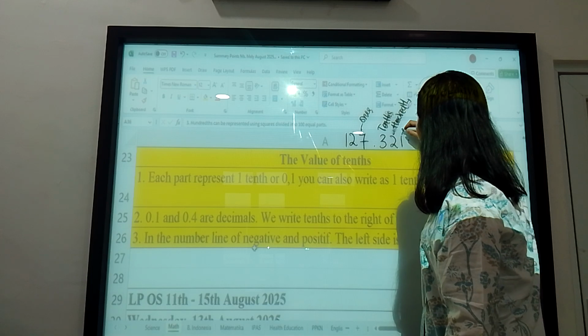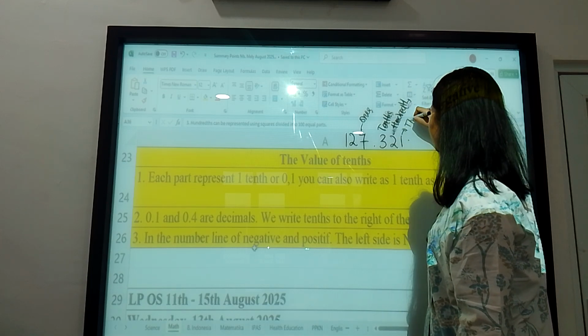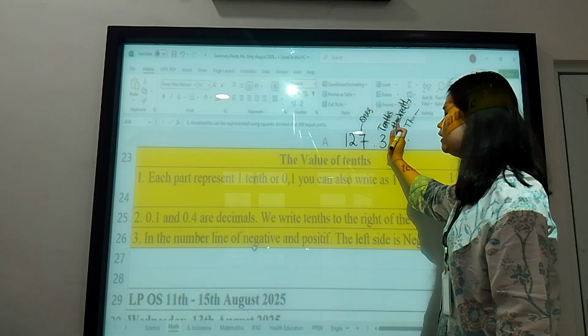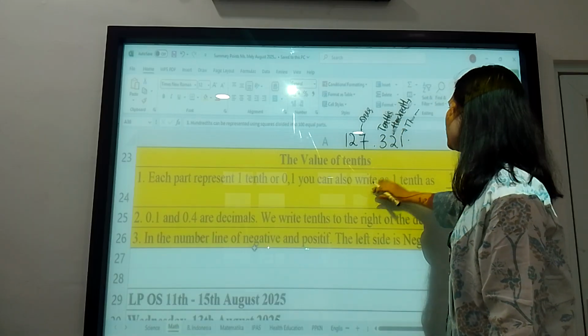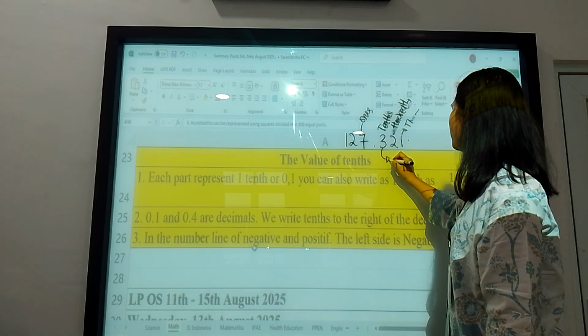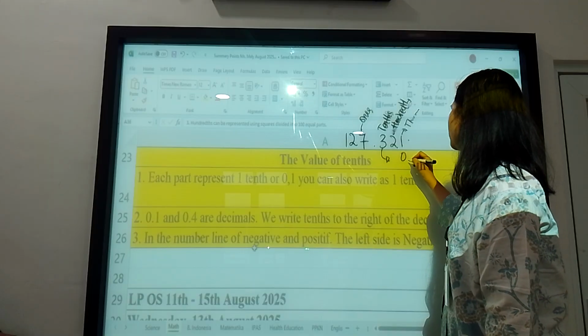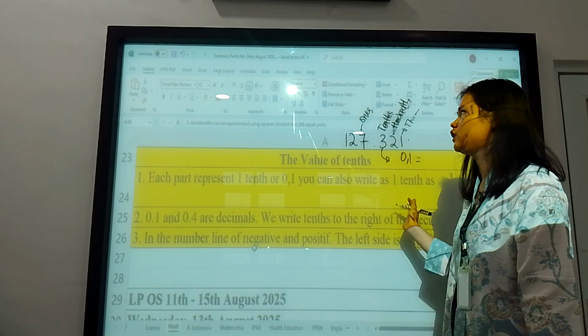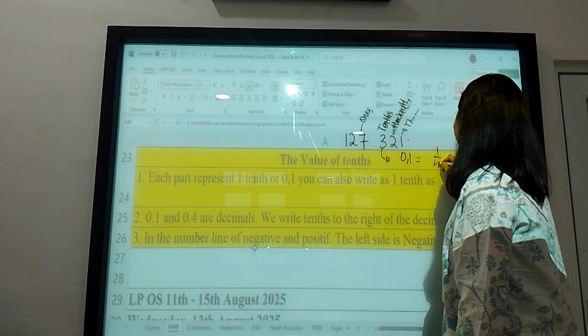And then this is the thousands. But the book has a limit only until the hundreds. And then the tens in here, the value of that is 0.1. And if we want to make it as a fraction, it can be 1 out of 10.